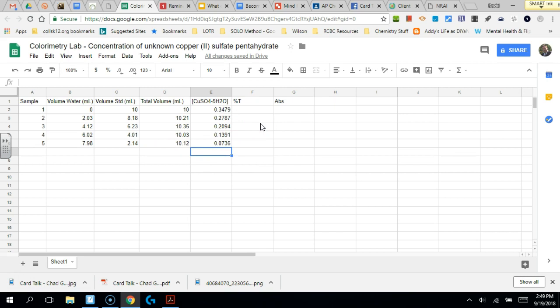Lastly, for the data table, we need to enter the %T and the absorbance. Well, that just came from your lab. You just got that data from your lab from the Spec 20. So I got this data already here, some good numbers figured out. And now it's time for us to graph this.